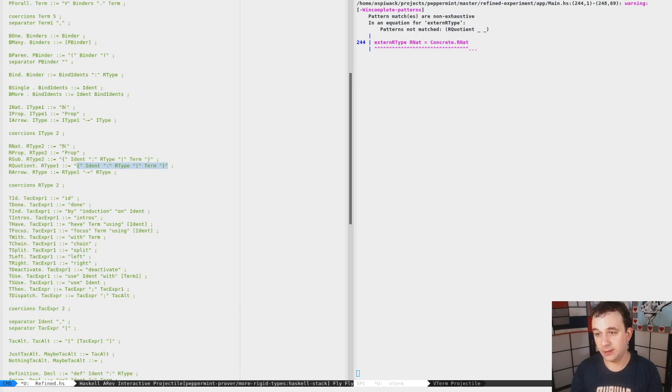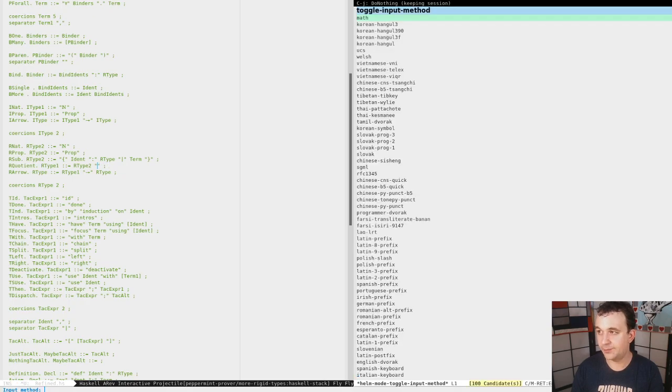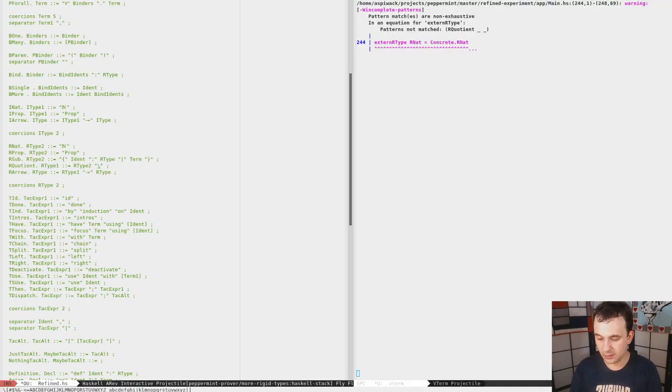Takes a nar type 2. And what do I have here? Math. No, it doesn't exist. No. What's the name of the LaTeX thing for this?